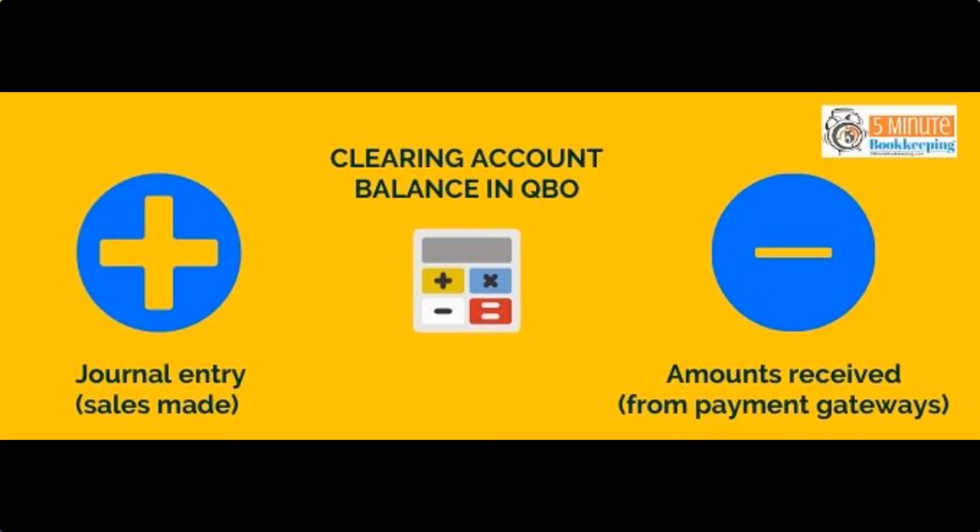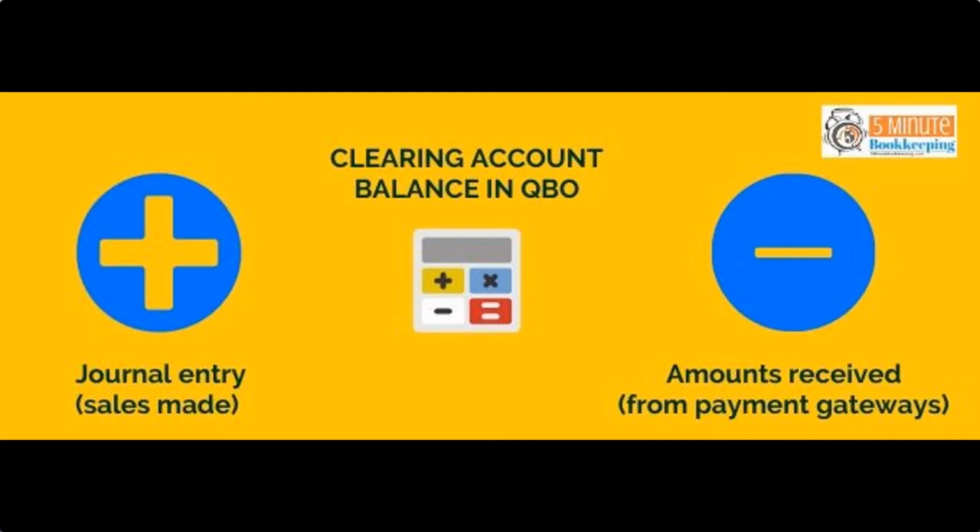The journal entry we made to record Shopify income to QuickBooks Online is increasing the balance in the clearing account in QuickBooks. Clearing accounts by definition are meant to clear out. That means that the balances in the clearing accounts should not just be increasing, they should also be decreasing over time and actually clearing out over time. In order for the clearing accounts to clear out, we need to add additional transactions that will decrease the balance in the clearing accounts.